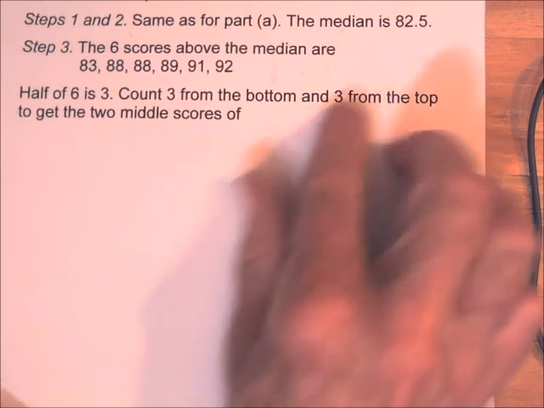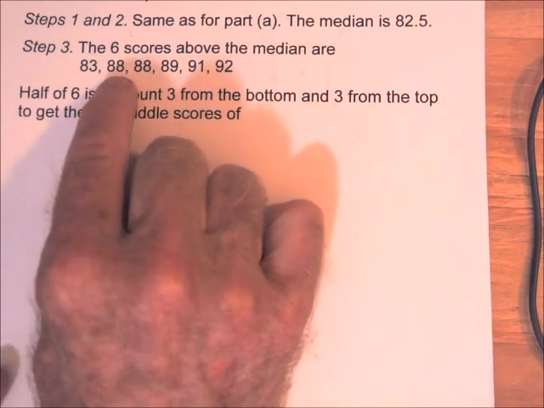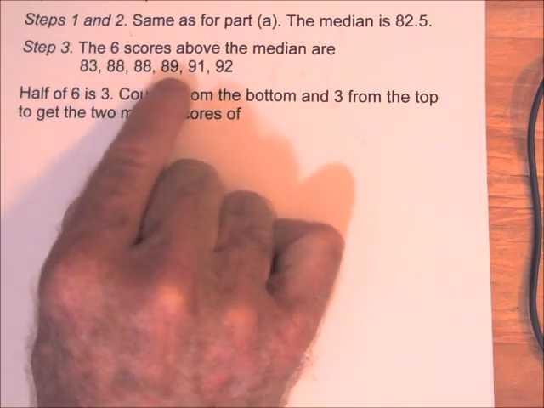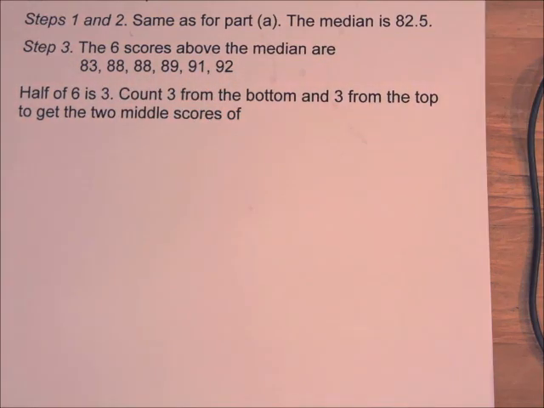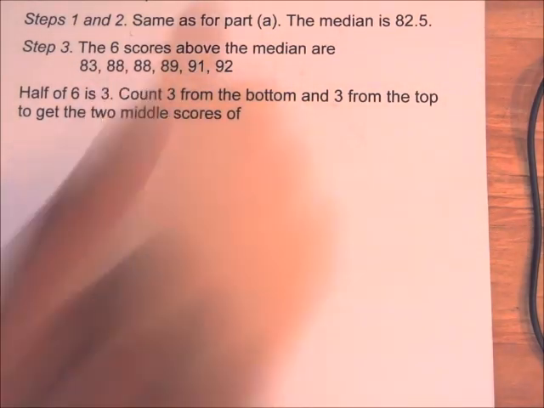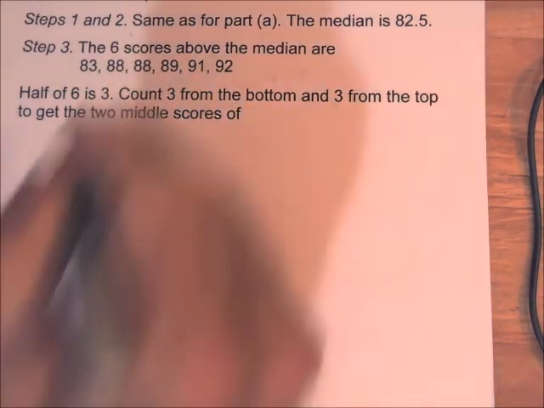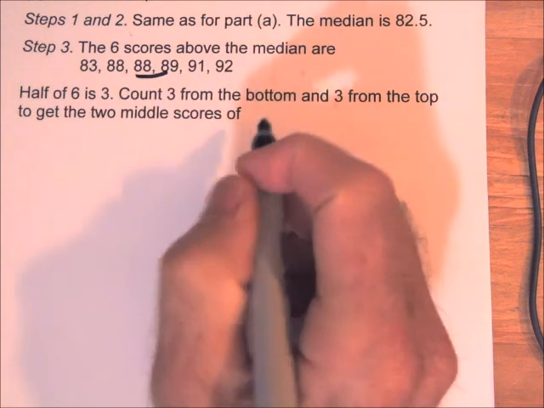Okay, so then the same idea for the third quartile. Steps 1 and 2 are the same. We use steps 1 and 2 to get the median of 82.5. That's the same as before. And now we want to look at the 6 scores that are above the median and take the median of those 6 scores. So again, half of 6 is 3. We want to count 3 from the top, 3 from the bottom to get the 2 middle scores, 88 and 89.